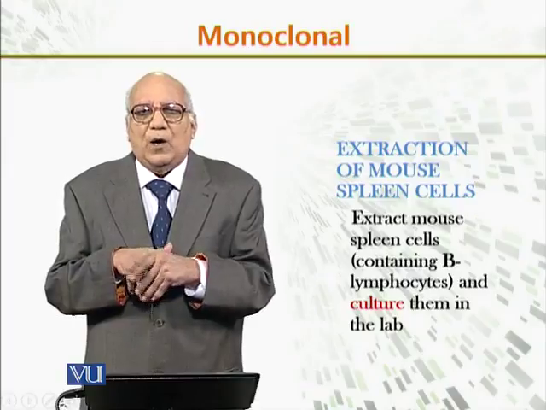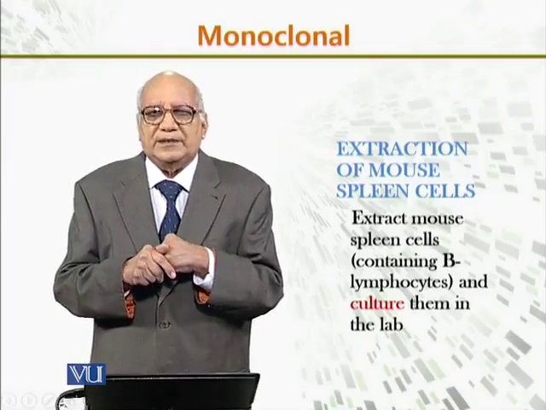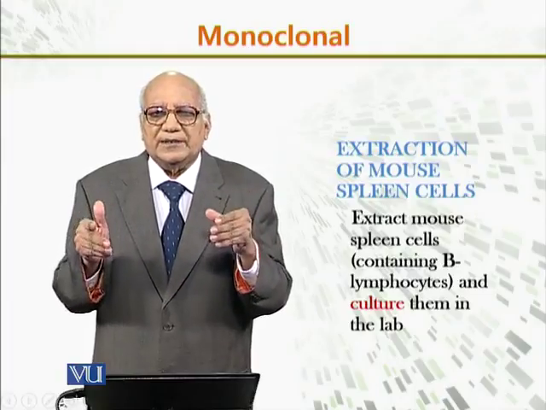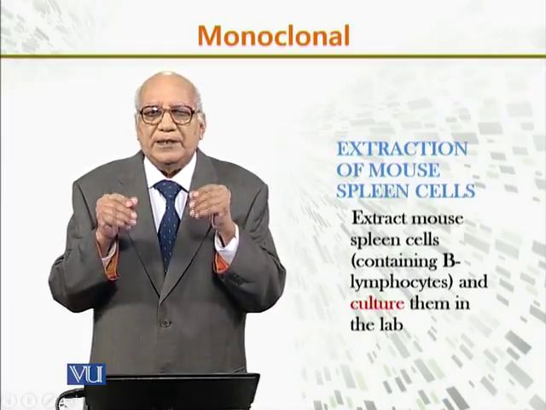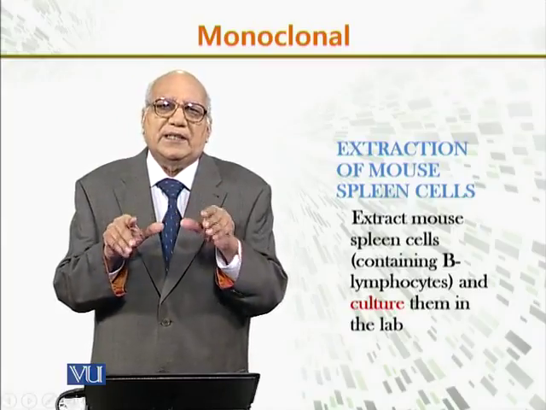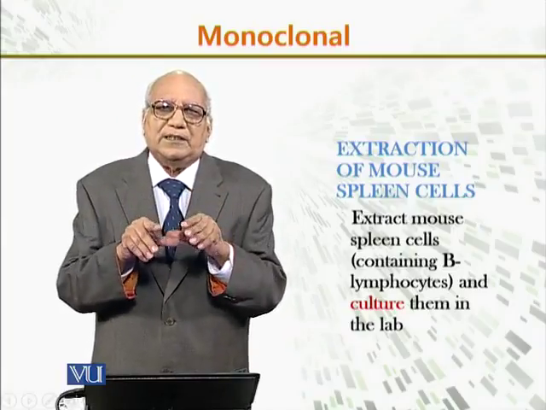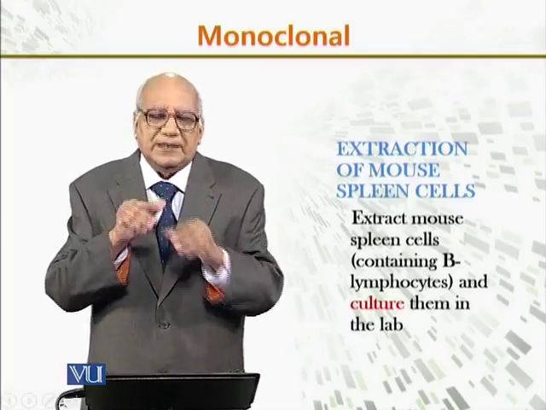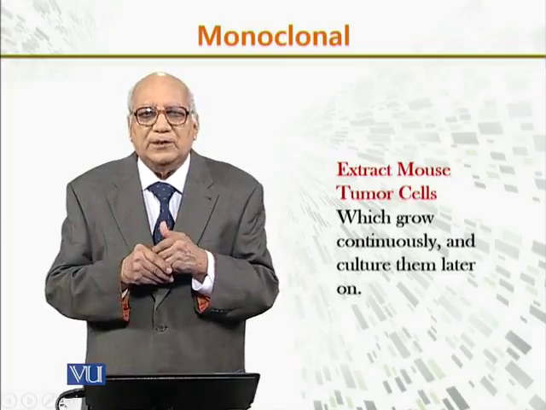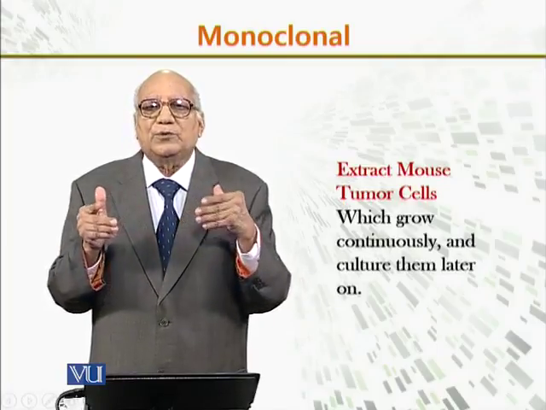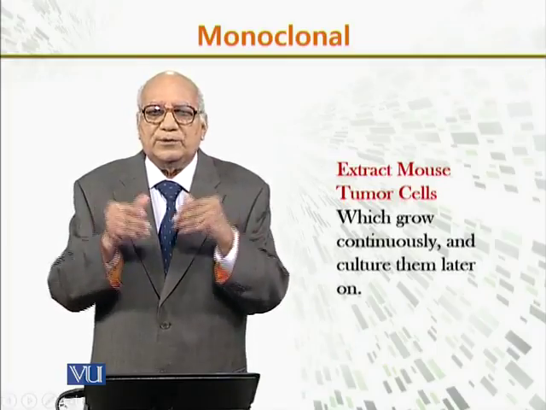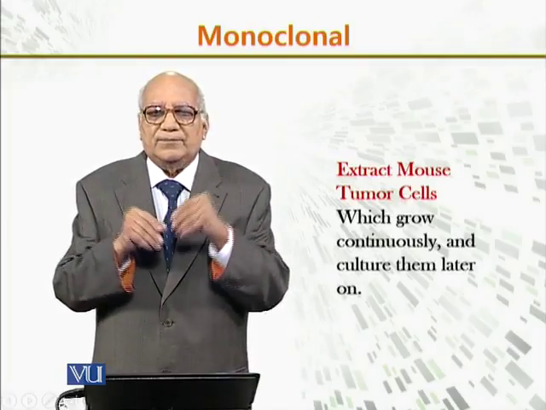Now, how do we extract the spleen cells? We extract the mouse spleen cells, which contain B lymphocytes, and culture them in the lab on a petri dish or in a tube. Then we extract mouse tumor cells, which will grow continuously, and culture them.